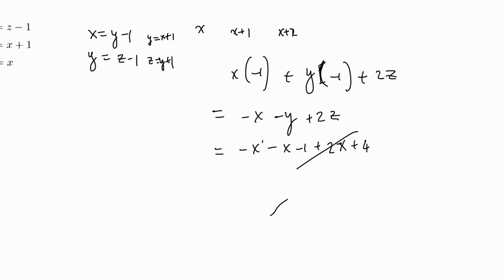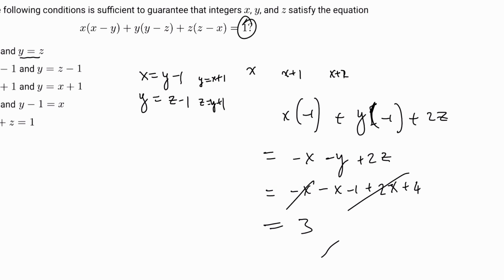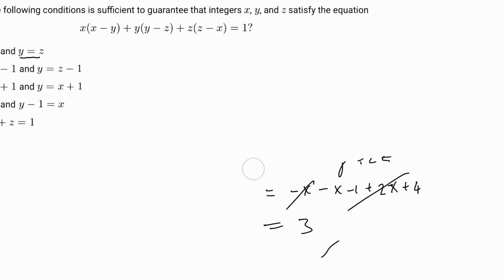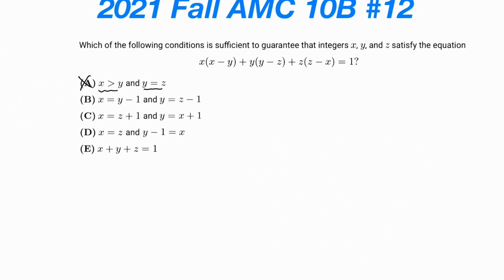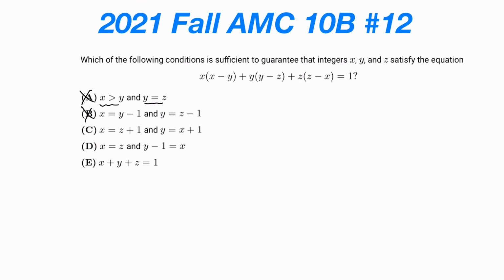If we cancel all those, we see that this is indeed equal to 3, but the equation wants it to equal 1. So that does not satisfy it, and this is not our solution either.